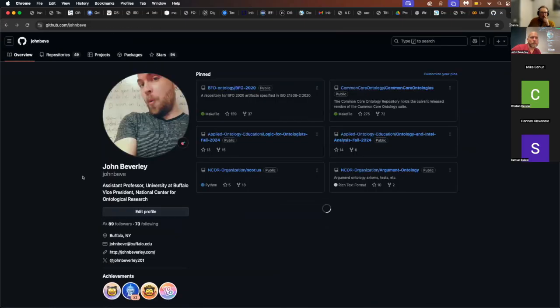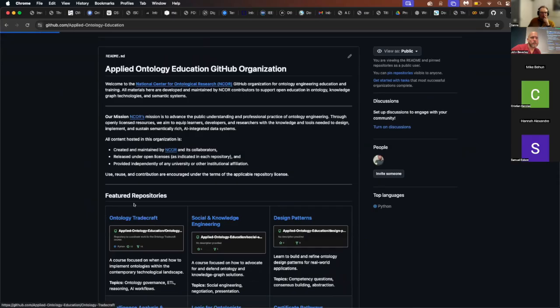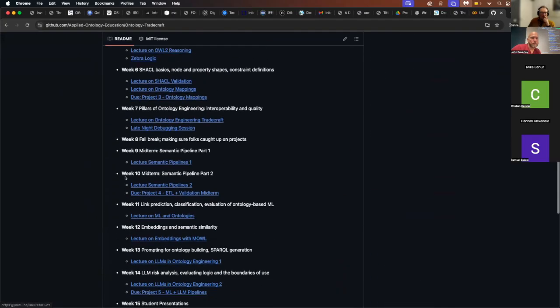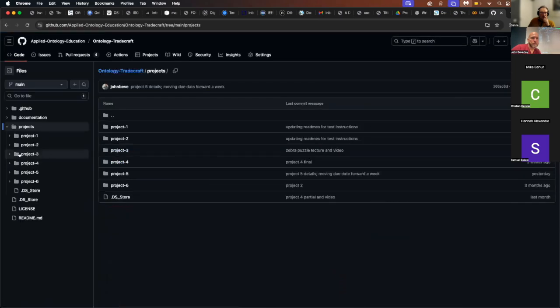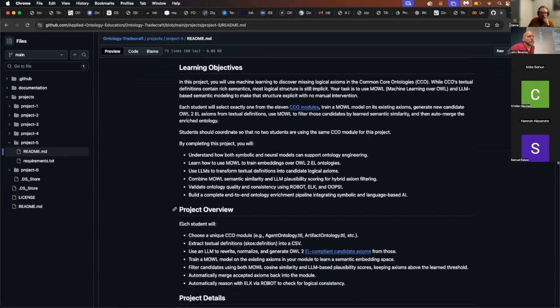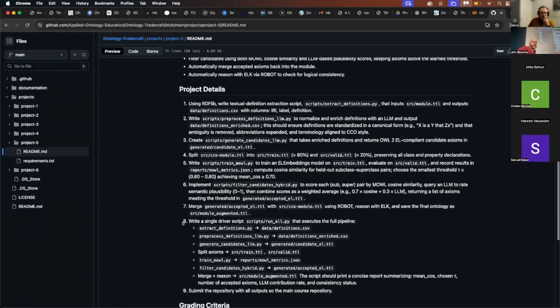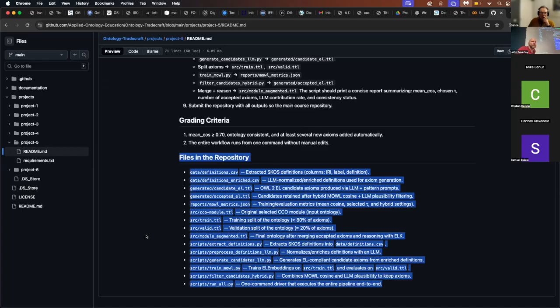Academy, under Tradecraft, Project 5. Everything I just described is right here. You'll see details, criteria. Also, you'll see a sparse project with just a README. You will be providing the repository structure along this line.